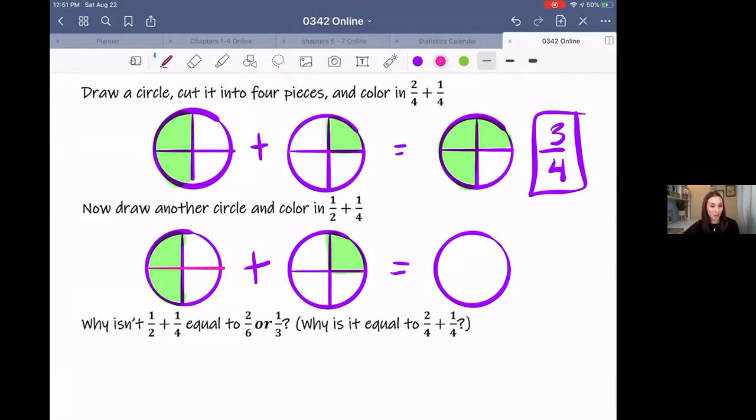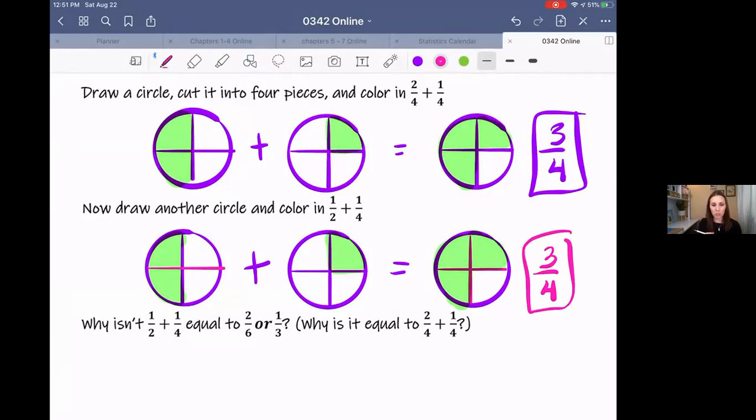And now I have a common denominator. And I can say with confidence that 1/2 plus 1/4 is 3/4. So it's actually the same thing. Even though it looked different, it's the same.